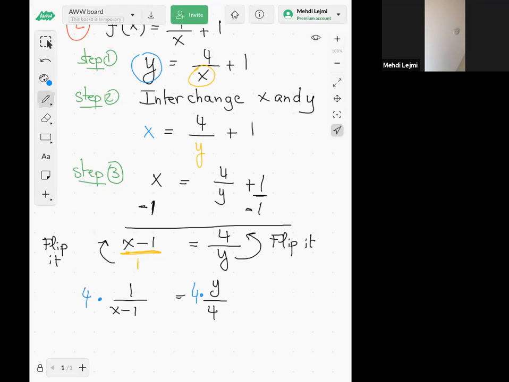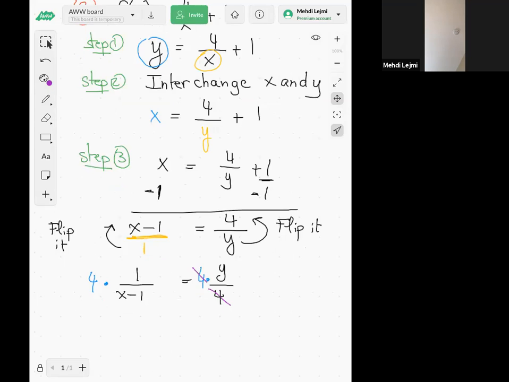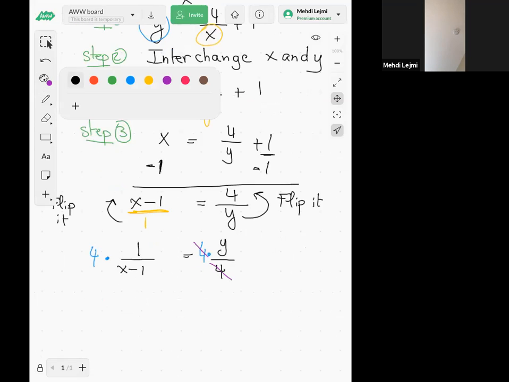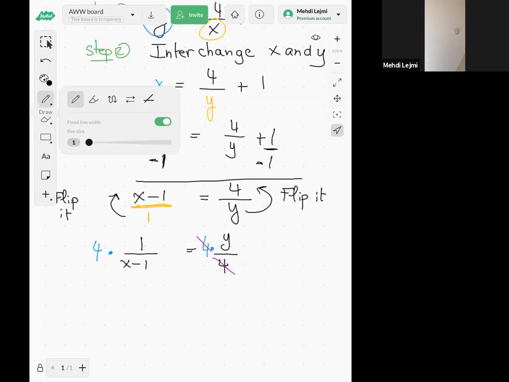Once you multiply the right side by 4, you have a 4 in the top and a 4 in the bottom, in the denominator, and so they cancel out. So you get your y. It's 4 times 1 over x minus 1 equals, and of course, when the 4s cancel out here, you are left with 1 in the denominator.